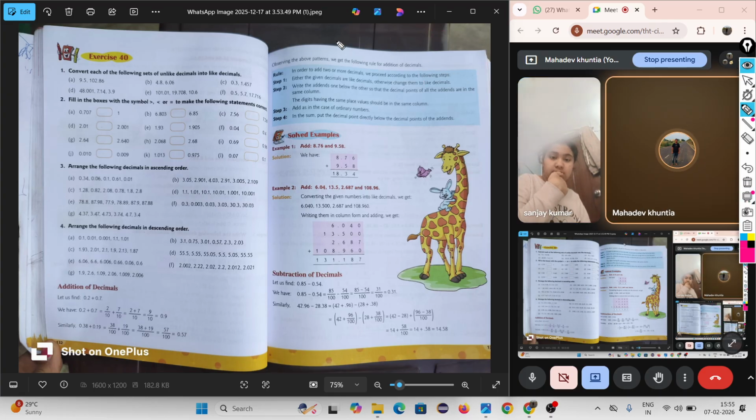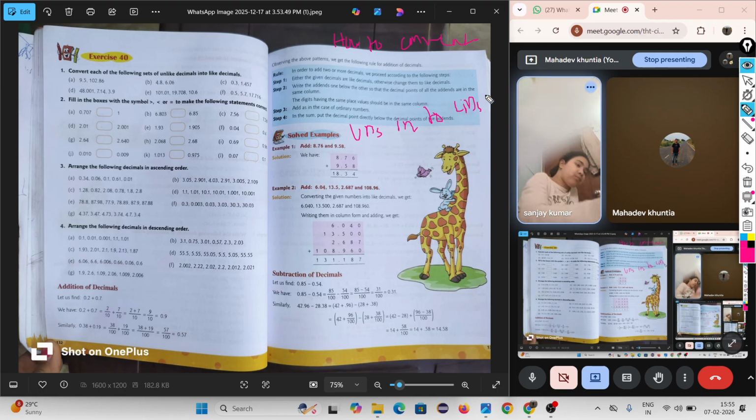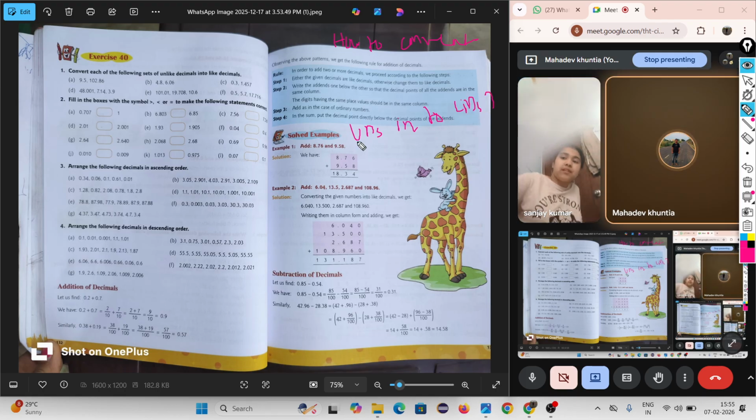Then tell me how to convert unlike decimals into like decimals. By adding zero on the decimal part. Don't put zero on the whole part, you have to put zero on the decimal part.